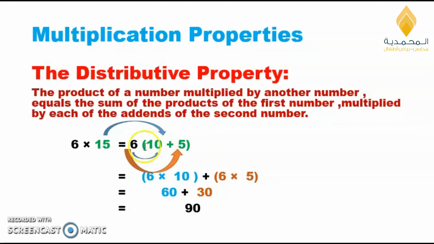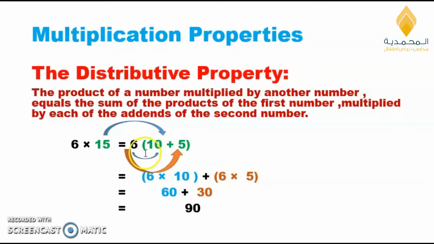How to solve this? The first thing, multiply 6 by 10. Write 6 times 10, and don't forget to put it between brackets. Then put a plus sign, then multiply the 6 again by the 5. 6 times 5.